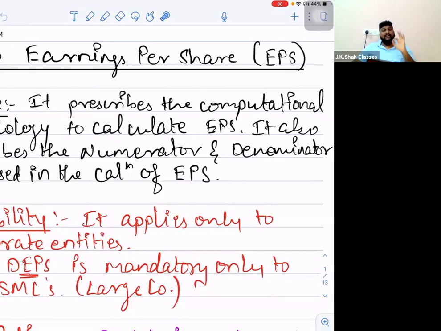And this EPS is calculated every year by the company, year after year. Because a company will compare its EPS of the current year with last year's to check its performance. And an investor will also check EPS of this year with EPS of last year, so that the investor will come to know whether the company is overperforming or underperforming.